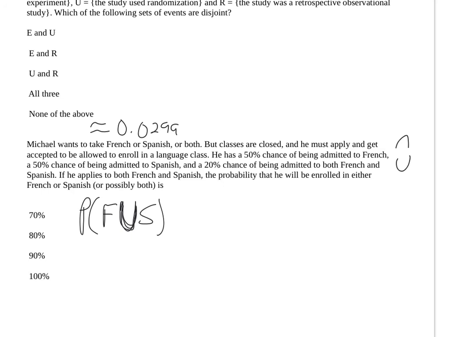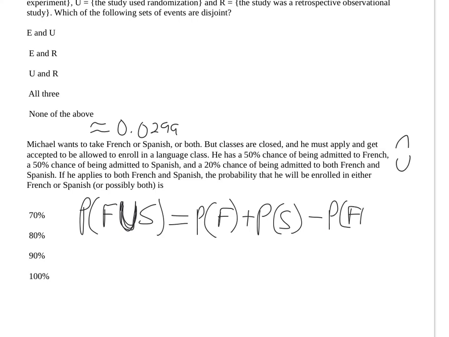So the probability that he is in French or Spanish, well, if you remember how to show the probability for a union, it's a union symbol, looks like a U, just remember that. You do the probability of F occurring plus the probability of S occurring, and then you subtract the probability of both occurring, the intersection.